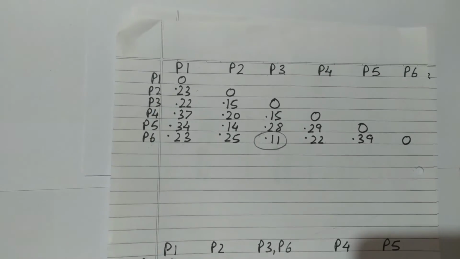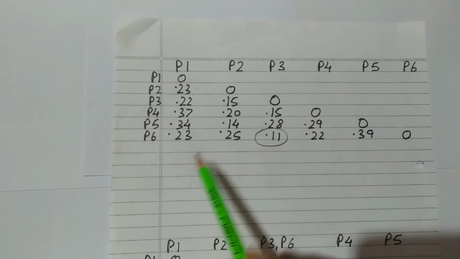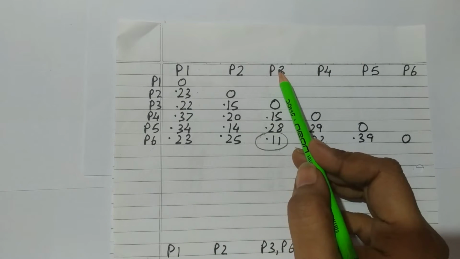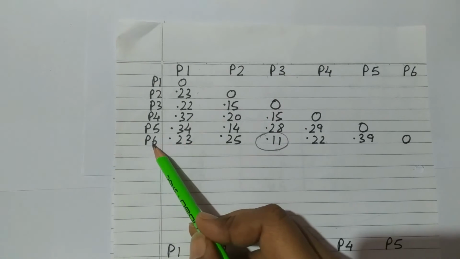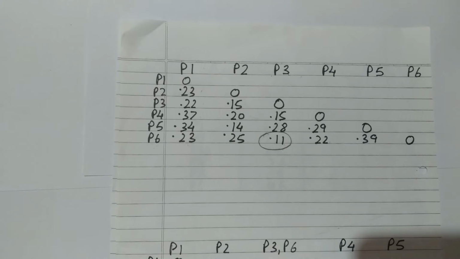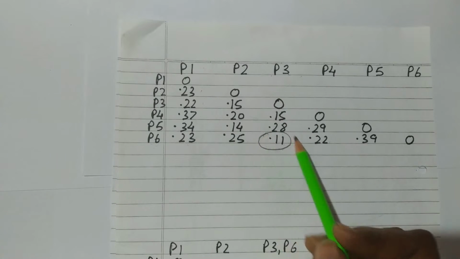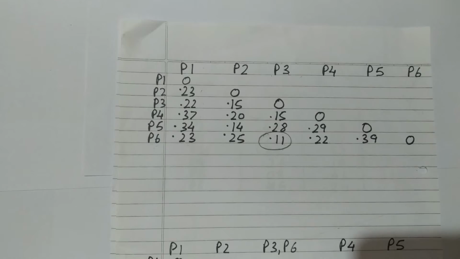So let's continue with the problem. We will be clustering 2 points, P3 and P6. We will form one single cluster of these points. Why? Because these 2 points are nearest to each other.